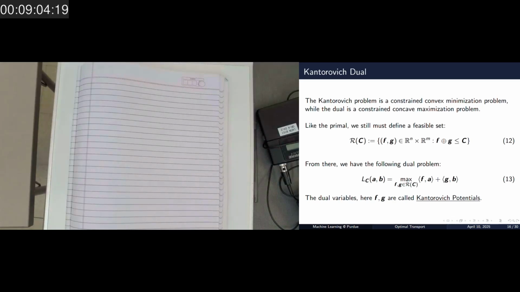Now for the primal problem, we had an intuitive understanding of what the set of valid couplings was, right? We have the probability mass that is transported from the input measure to the target measure, and we want that mass conservation constraint to establish if a given coupling is valid or not.